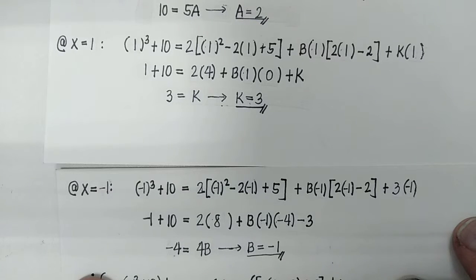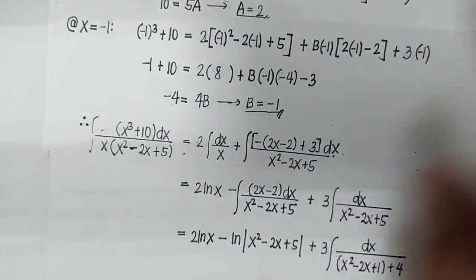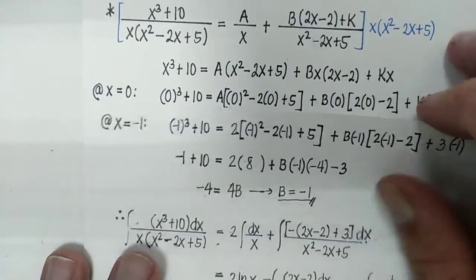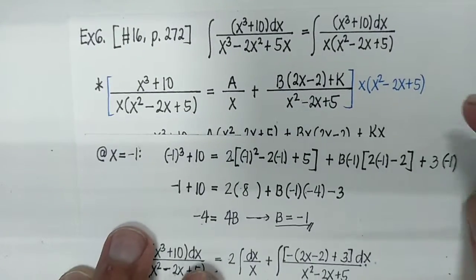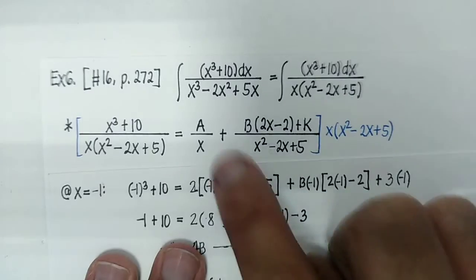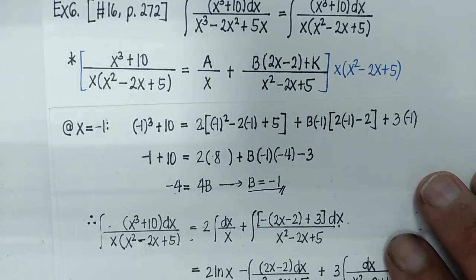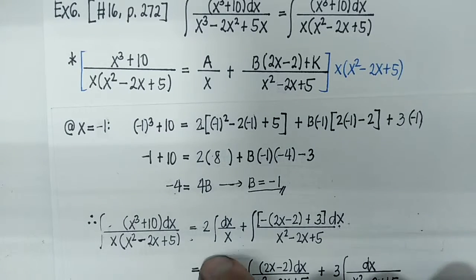With the A, B, and K terms already computed, we can now integrate our integrand using its partial fractions. So going back into this one, from here, our partial fractions are the following.